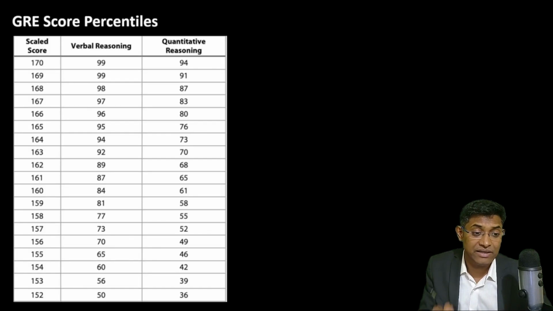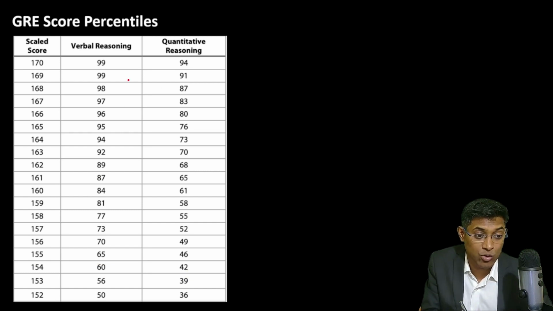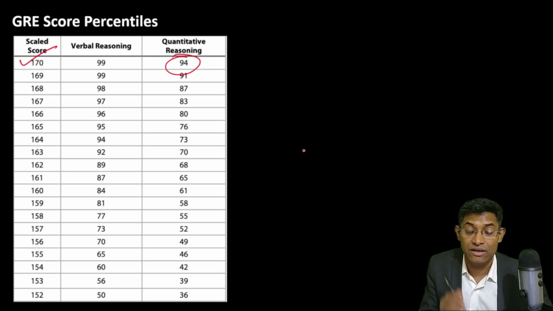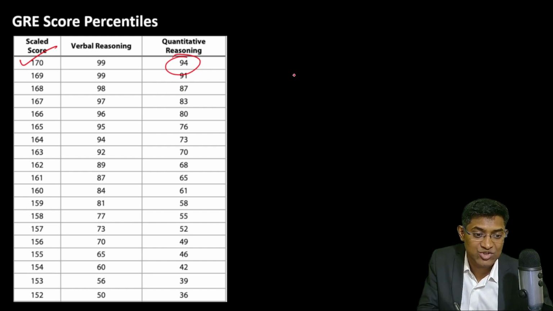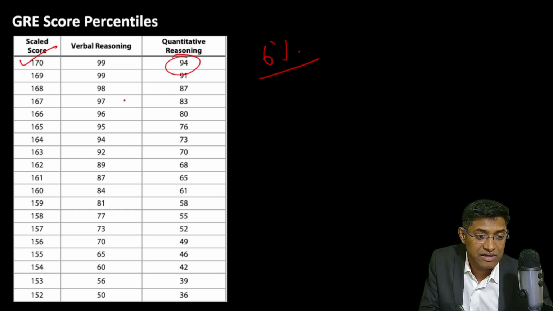Now let's take a look at the relationship between score and percentile on the GRE. So notice that if you're getting a 170, then that would be a 94 percentile on quantitative reasoning, which means that 6% of test takers tend to get a 170. And in a similar manner, if you're getting a 169, that's a 91 percentile, and a 168 is an 87 percentile.